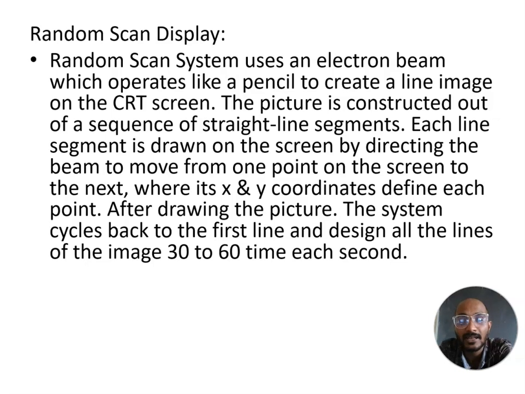After drawing the line or the picture, the image is redrawn 30 to 60 times each second. This is a refresh buffer, meaning when a picture is drawn, it will start vanishing.